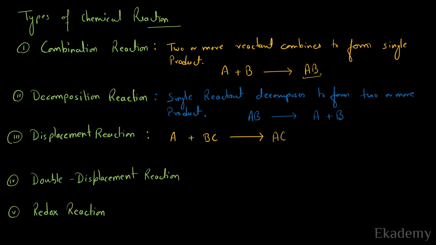The product will be AC plus B. A is displacing B from this compound, and hence it is called displacement reaction.